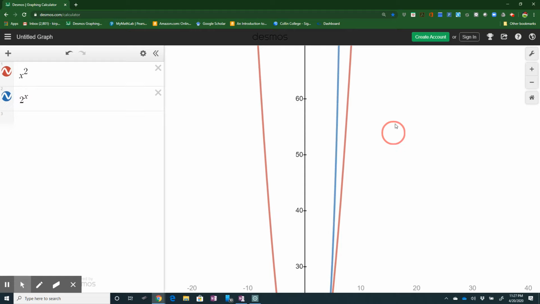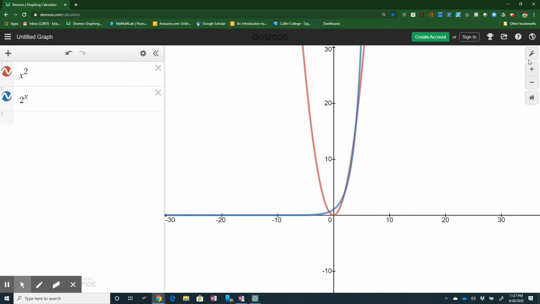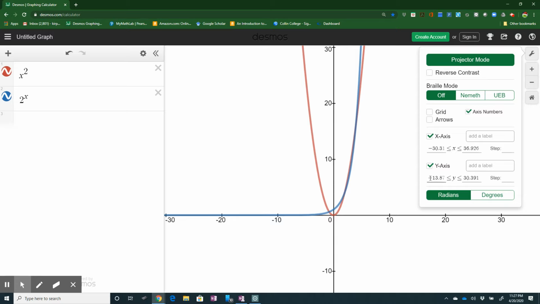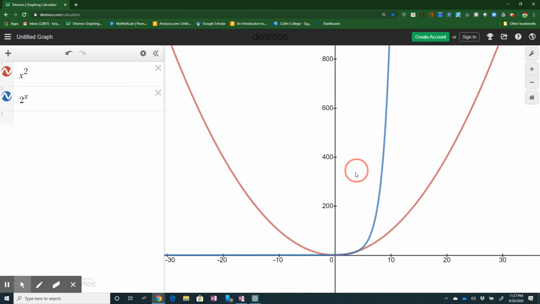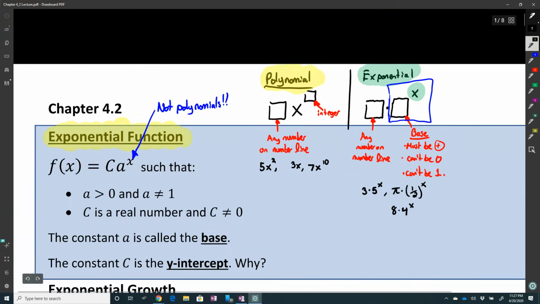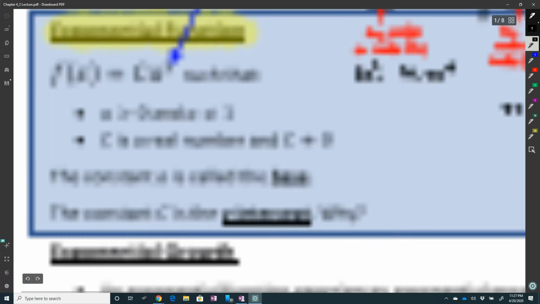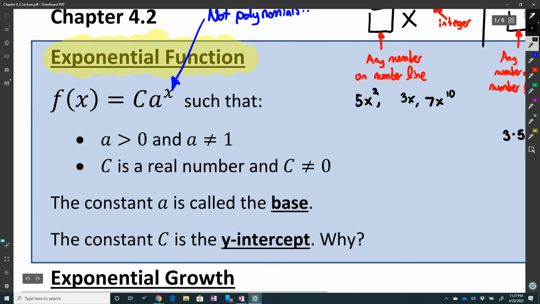Let me change the y-axis so you can get a better idea. So if I change this from, let's say, negative 10 to 1,000, okay? So the parabola kind of goes up slowly. The exponential increases extremely rapidly. All right, we're going to go more into the graph in a bit. But for now, just some stuff about it.